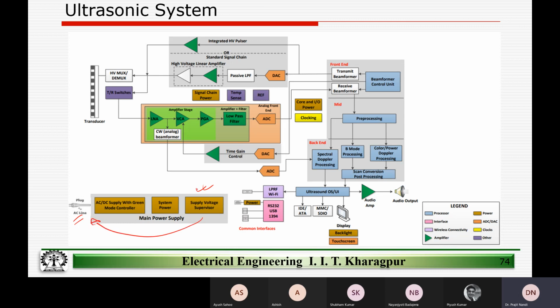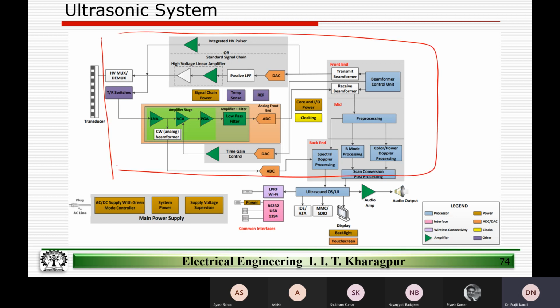So essentially this is a power supply system. This is of course a separate domain, but we are not talking about this. But let's look at what else is there, right? This power module is going to power this whole complete electronic system.